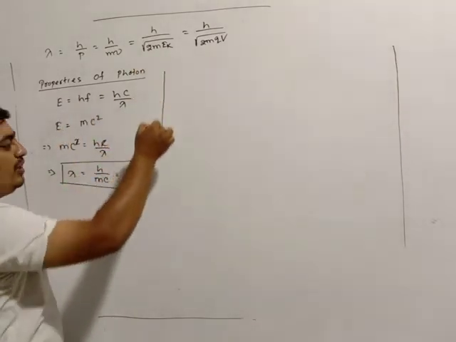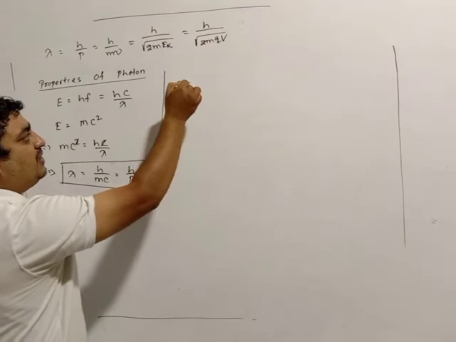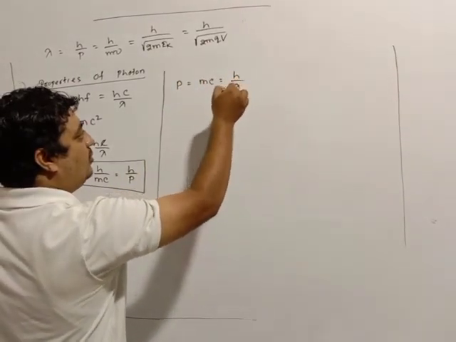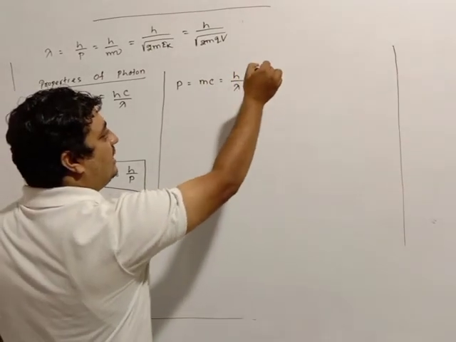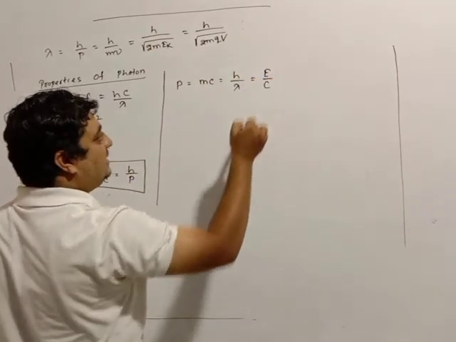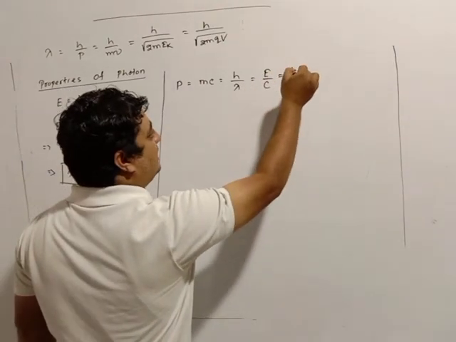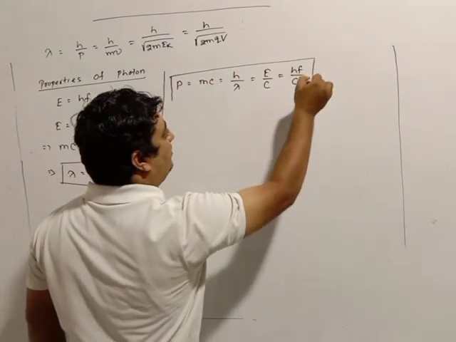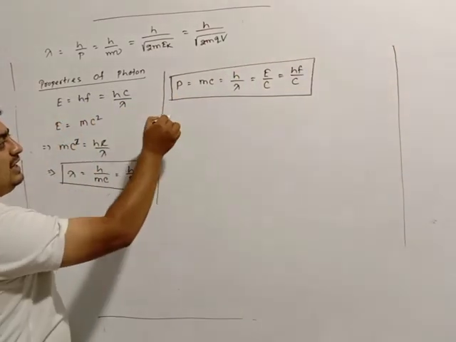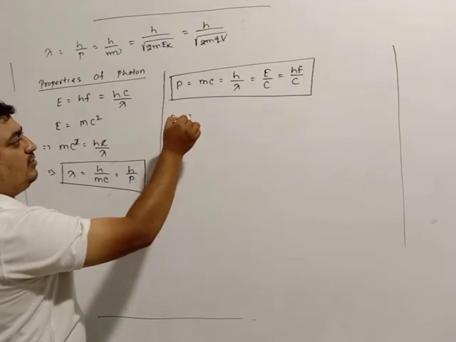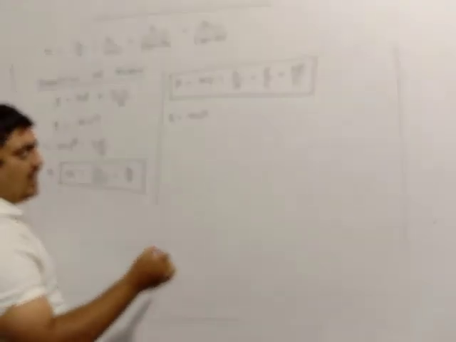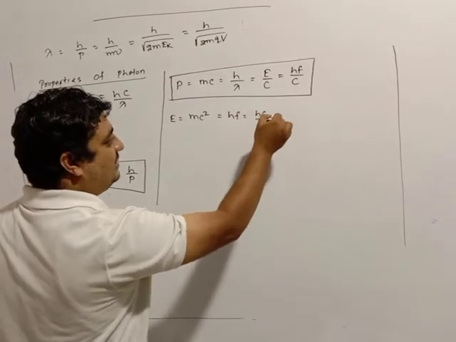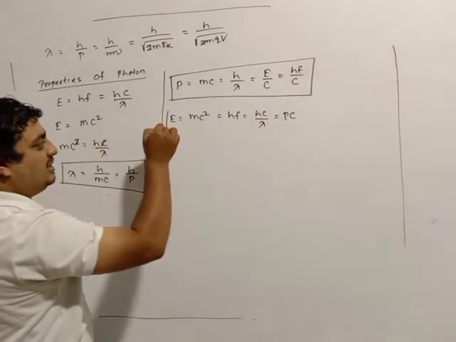So we can say momentum of the photon p equal to mc equal to h by lambda equal to E by c equal to hf by c. This is the momentum of the photon. Like that, energy E equal to mc square equal to hf equal to hc by lambda equal to pc.